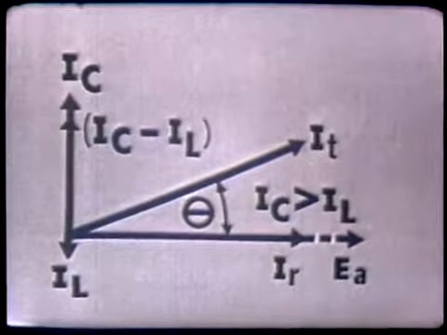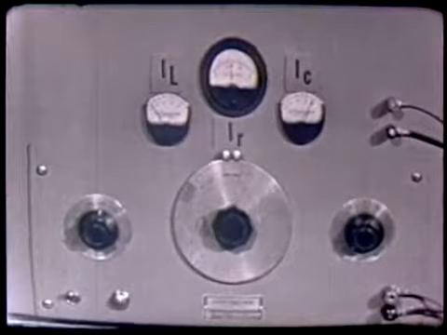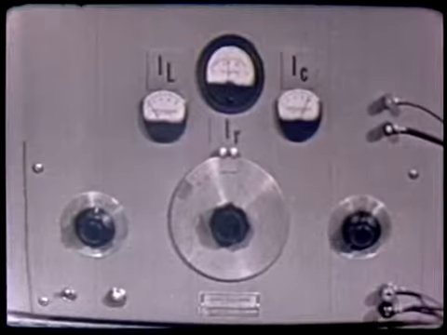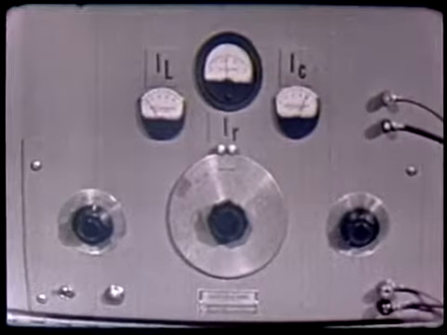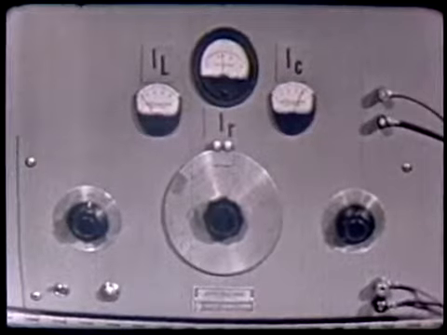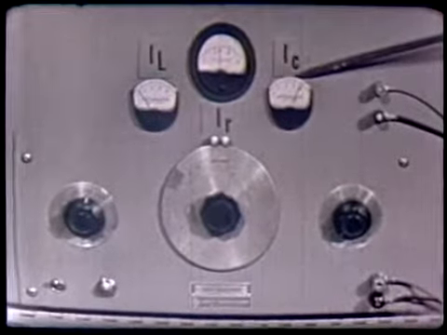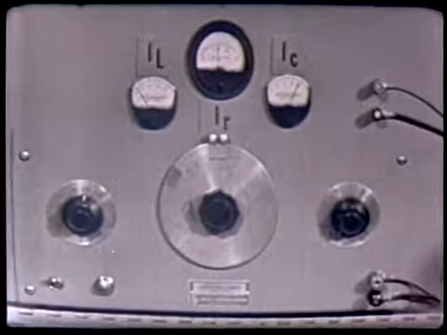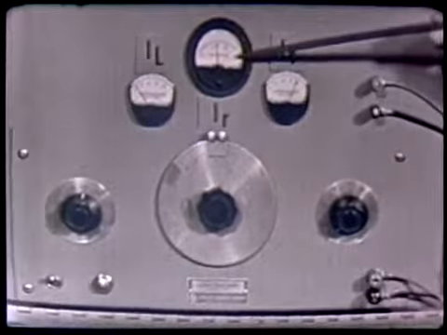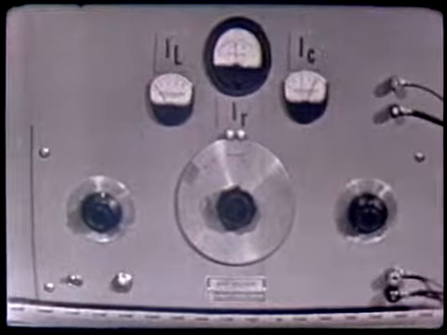Well, to illustrate this point, I have a little demonstration set up. I have a parallel AC network similar to the one we have been using here in this lesson, only I have each current in each branch metered. That is, our capacitive current, IC, our resistor current, IR, and our inductor current, IL.